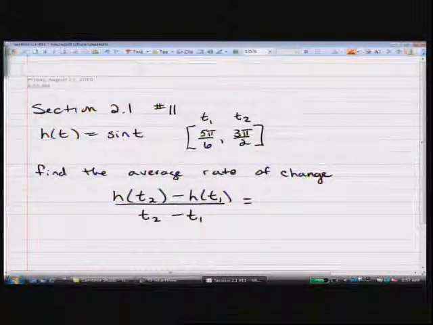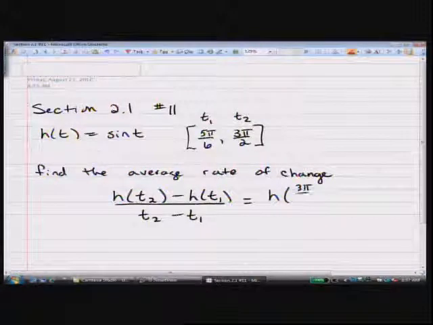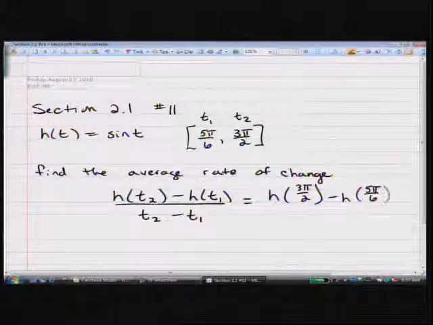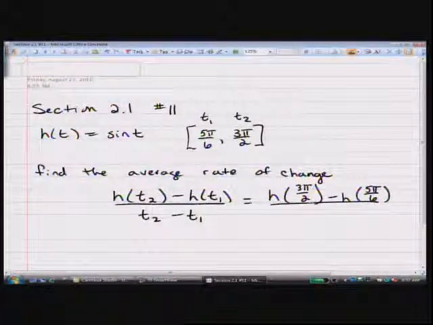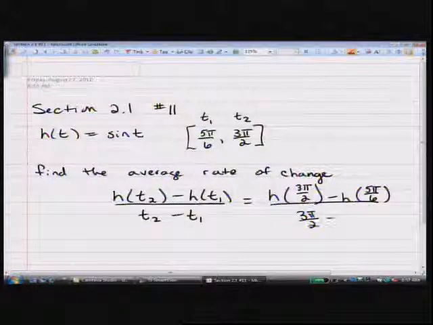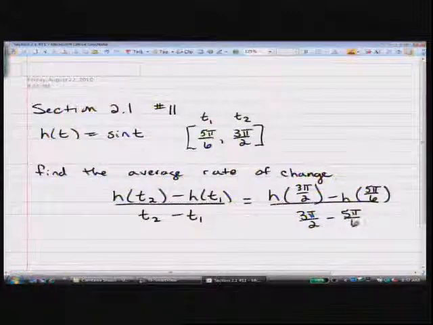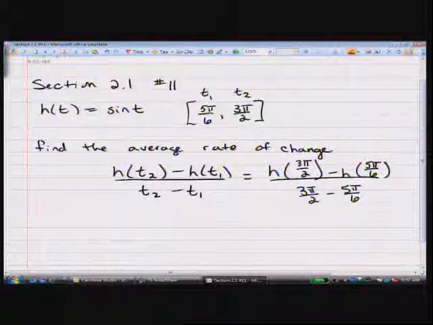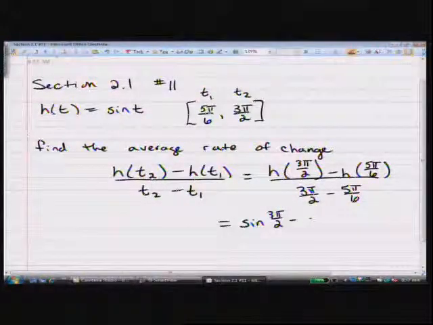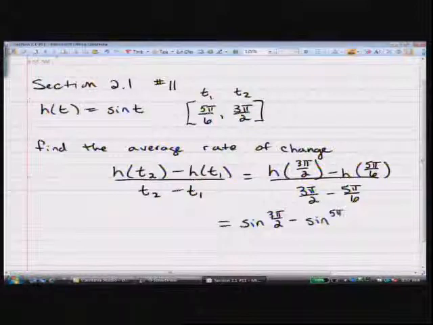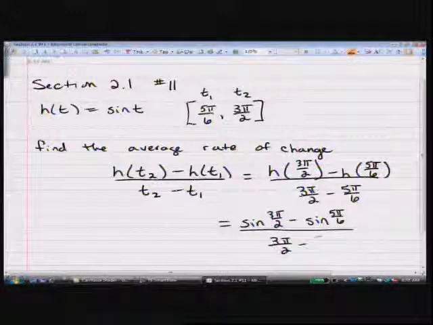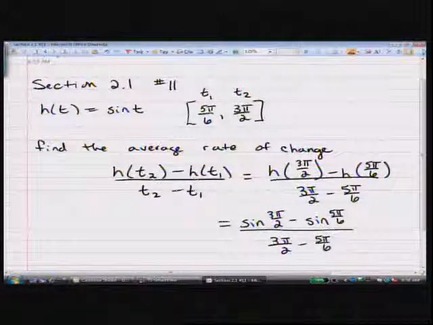So in this case, it would be H of 3 pi over 2 minus H of 5 pi over 6 divided by 3 pi over 2 minus 5 pi over 6. So H of 3 pi over 2 is the sine of 3 pi over 2 minus the sine of 5 pi over 6, divided by 3 pi over 2 minus 5 pi over 6.